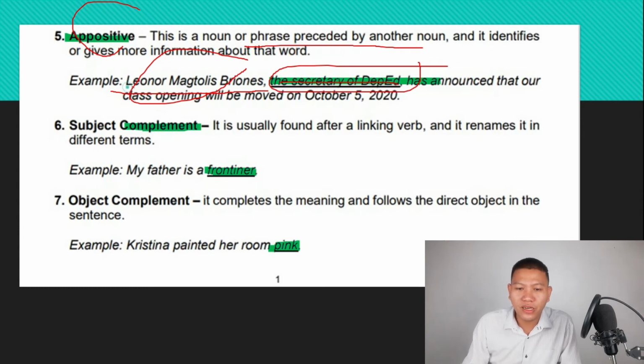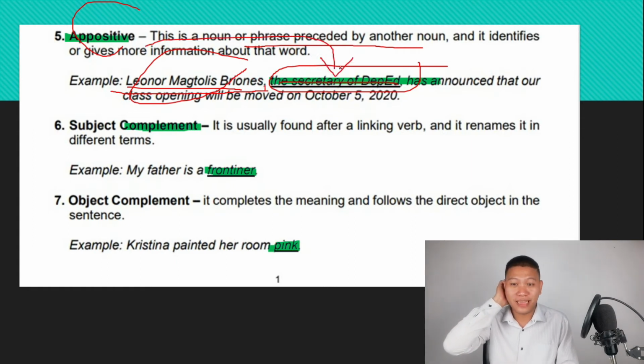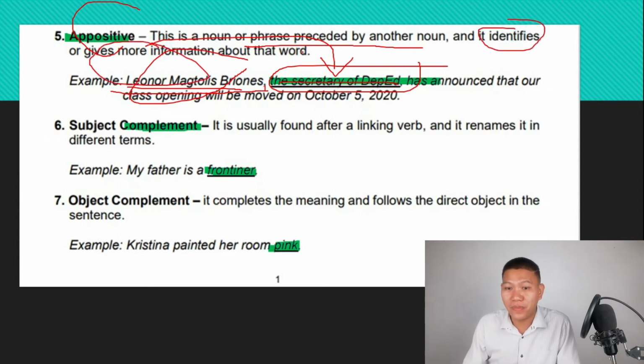So we have Leonor Magtoles Briones, and then the appositive is Secretary of DepEd. You get it? So it identifies or it gives more information about Mrs. Briones. Number 6, noun may be used as complement.